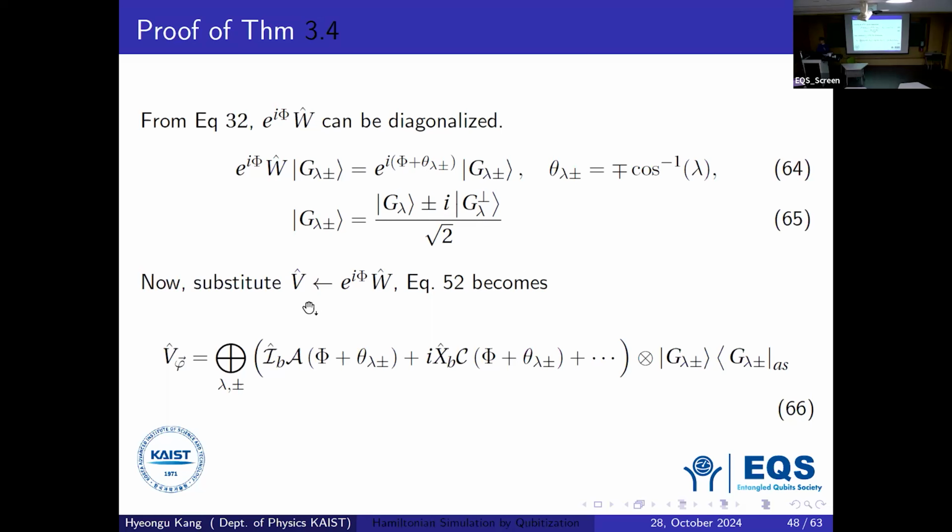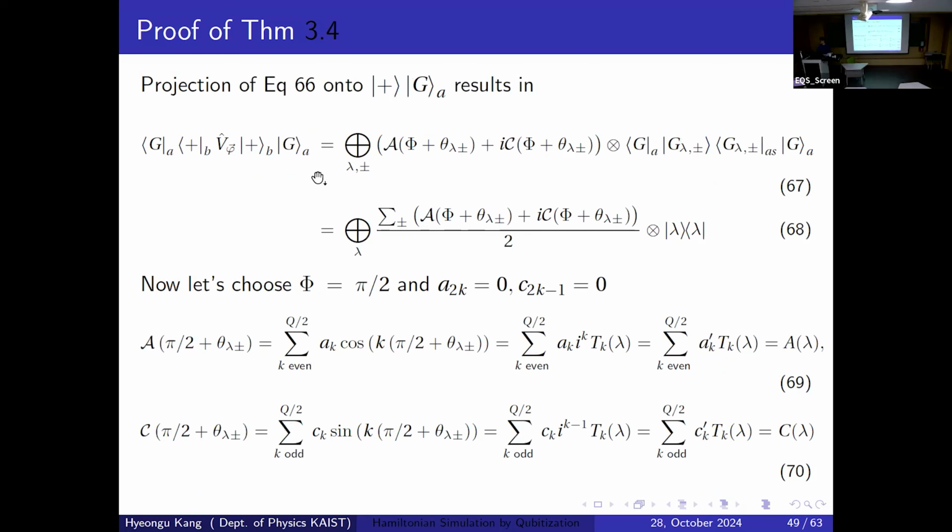So we substitute V in here, and that gives something like this. So zeta becomes psi plus zeta lambda plus minus. And then if we project this into the plus and G ancillary basis, it will give the calculation in this.